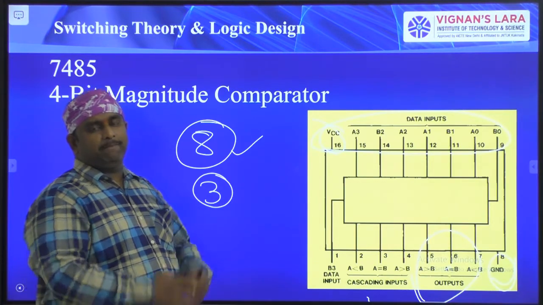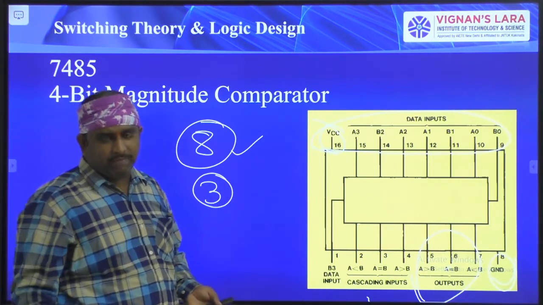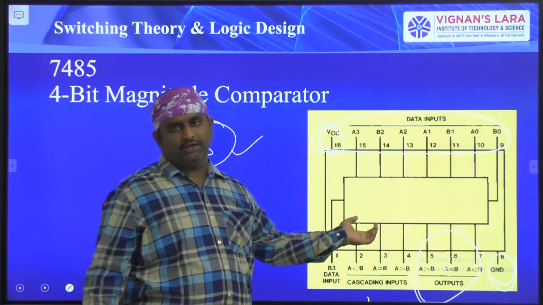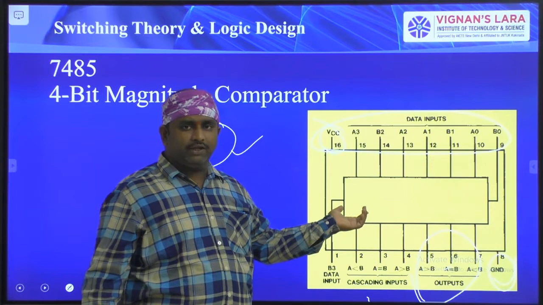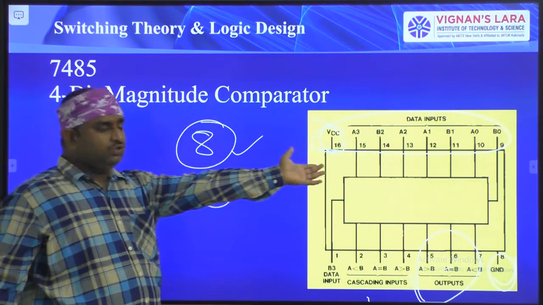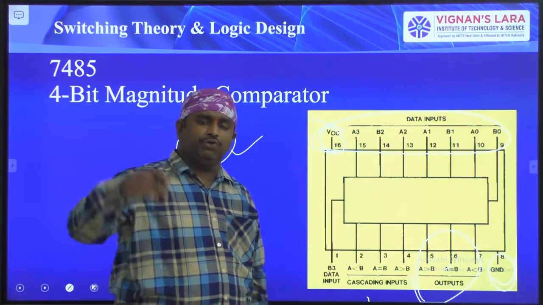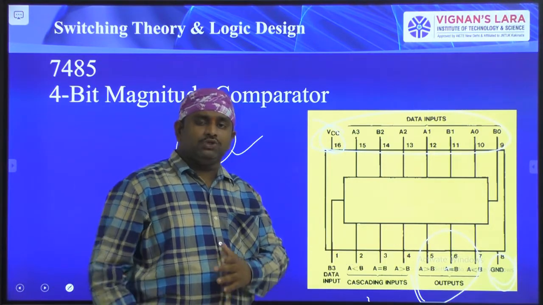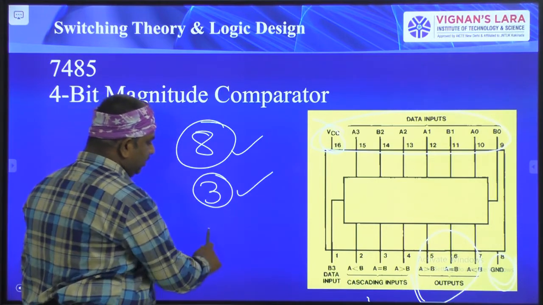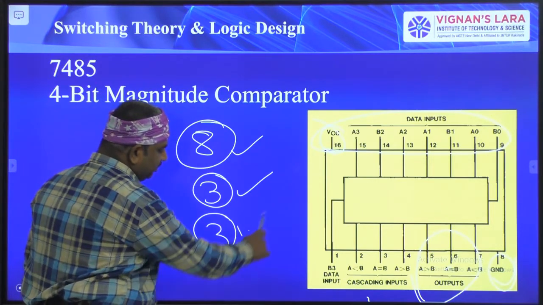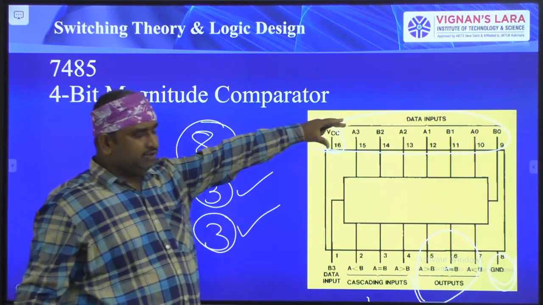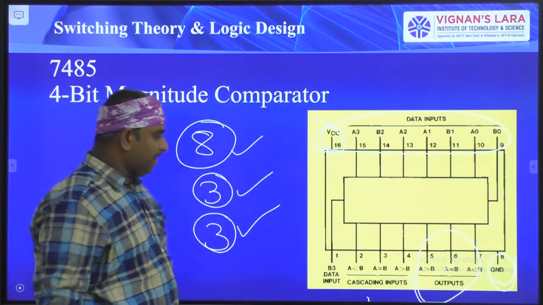If you are using a bigger comparator, an 8-bit or 16-bit magnitude comparator, but you have only a 4-bit magnitude comparator here, then this 4-bit magnitude comparator's output is given to another 4-bit magnitude comparator. So these outputs connect to that comparator's input. Those inputs are the cascading inputs, and the remaining 3 are the normal outputs. After comparing these 2 values, you will get the comparator output.